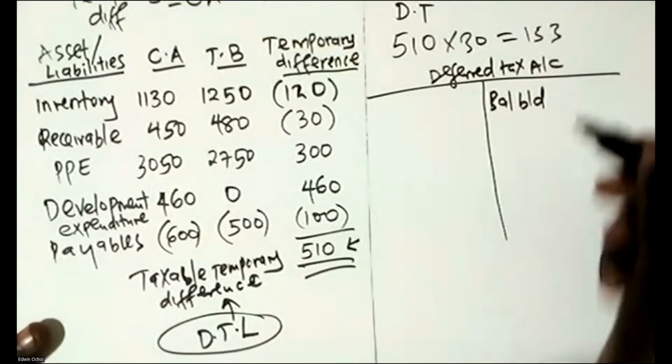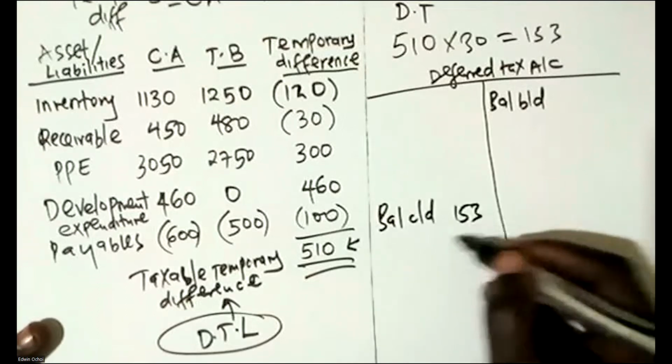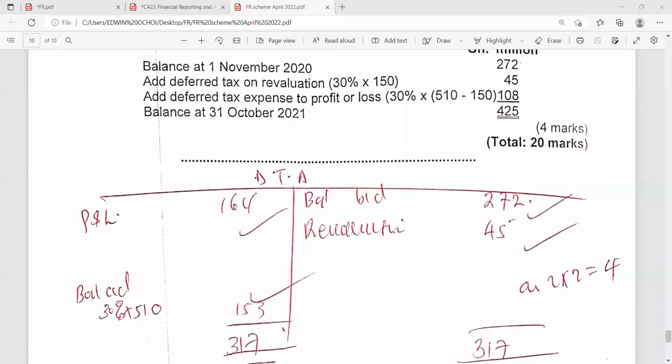So the balance brought down was given, and the balance carried down is the one we have determined there, 153. The balance brought down was given at what value? 272. So that is 272.